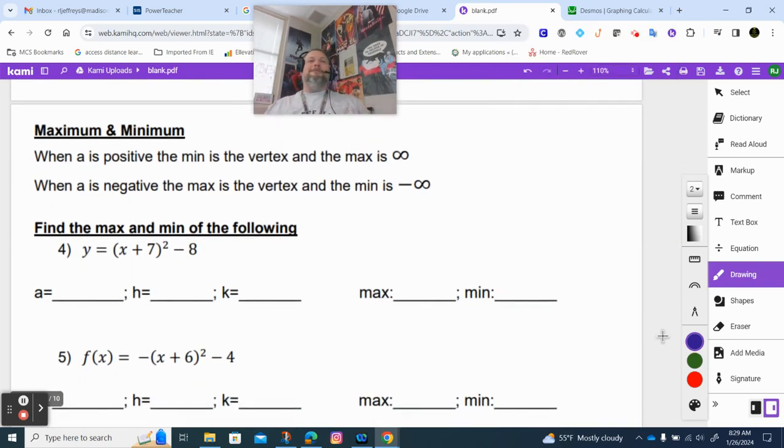All right. Maximum and minimum. Maximum is the highest point on these graphs. The minimum is the lowest point. So when A is positive, the minimum is the vertex and the max is infinity, because that means it opens up like this. When A is negative, the max is the vertex and the min is negative infinity.